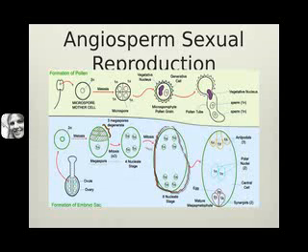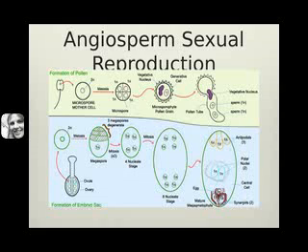We have up here at the top 3 nuclei that are called antipodals, 2 nuclei in the center that are called polar nuclei, the egg here, and nuclei here called synergids.